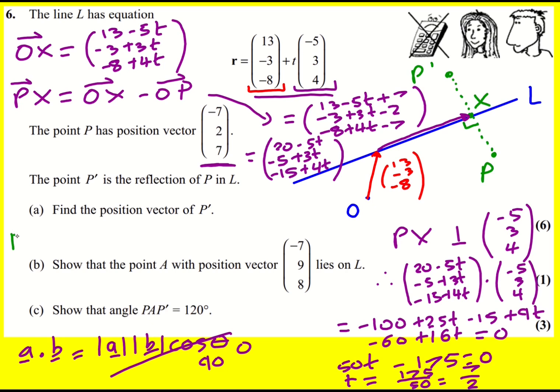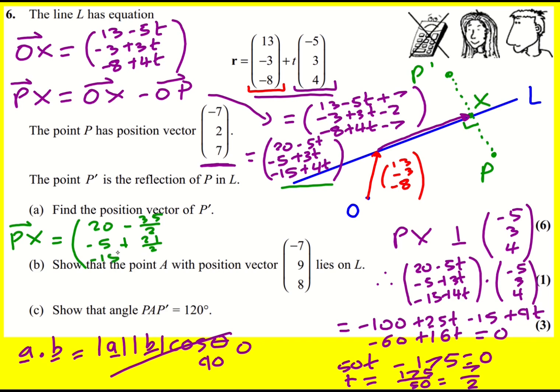So that means PX is going to equal, I can substitute into this one, 20 minus 5 times 7 over 2. So minus 35 over 2. Then minus 5 plus 21 over 2.